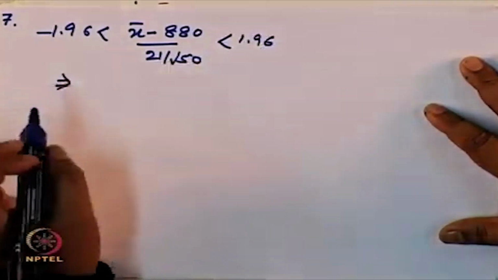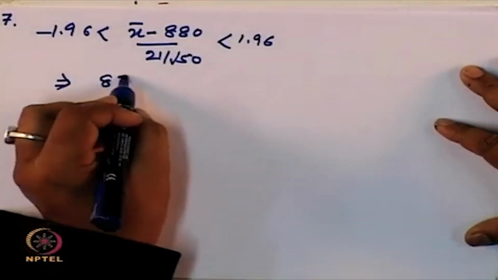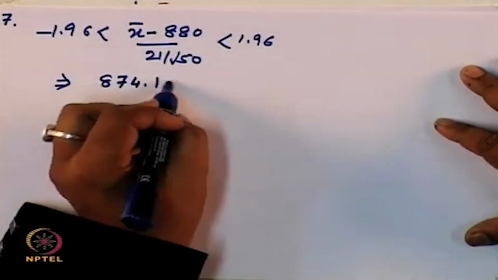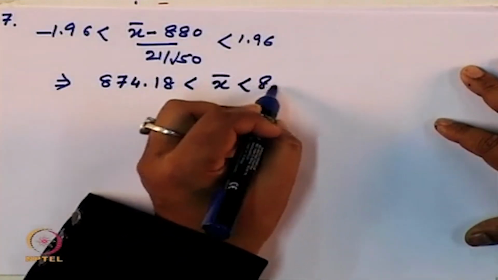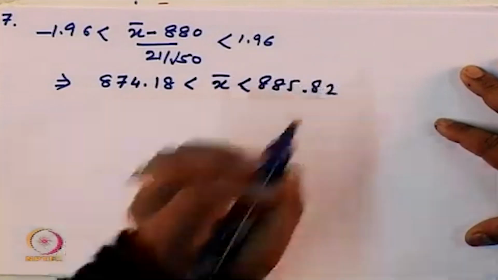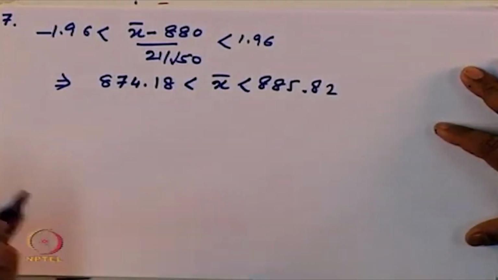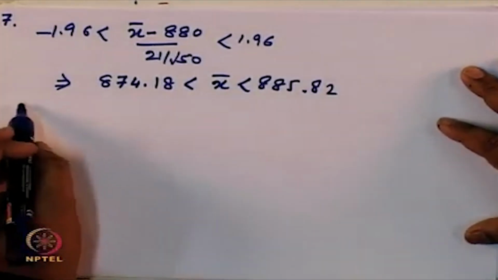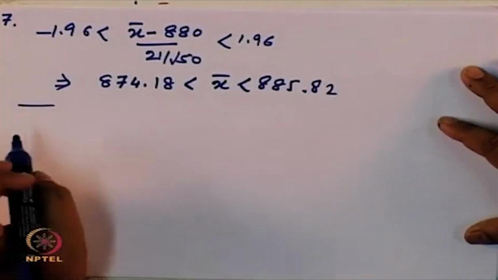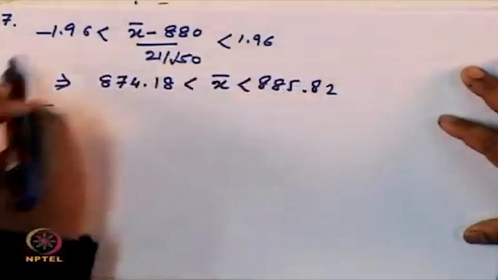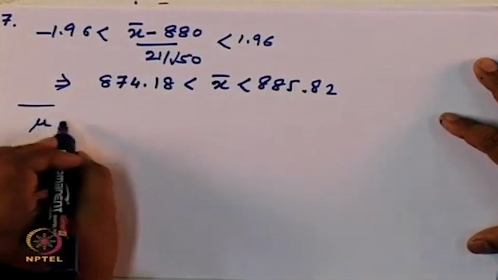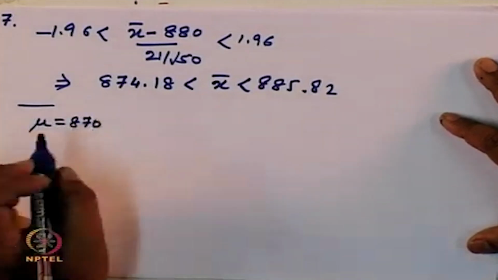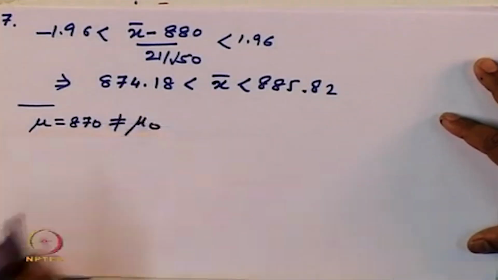If I plug in the values, I will get a range of 874.18 less than x bar less than 885.82. But this is if H naught was true. What I know is my mu is equal to 870, which is not equal to mu naught.